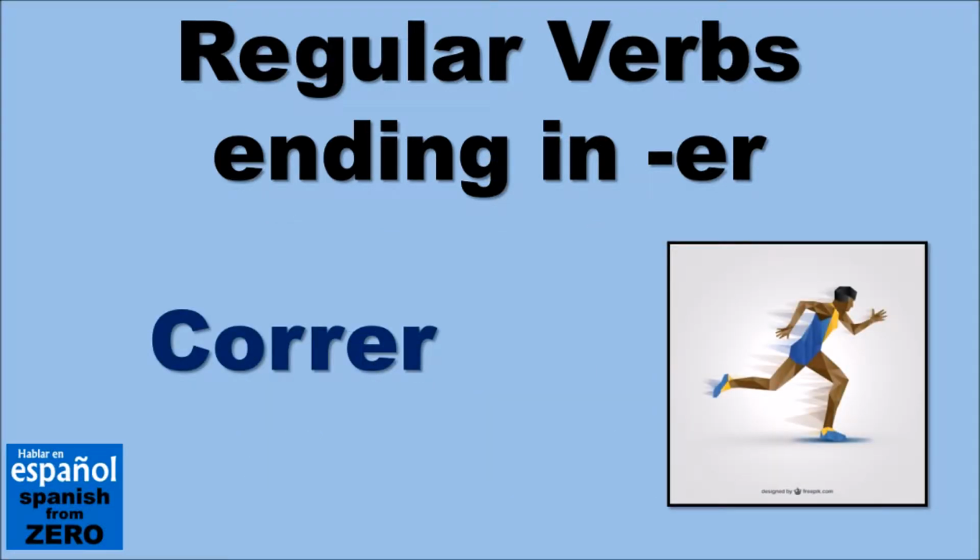Here you can see another example, another verb, the verb correr. When we conjugate it, what we have to do with whatever regular verb is, we take off the last two letters, in this case, and we add a different letter or pair of letters depending on the pronoun that we are using in this conjugation.